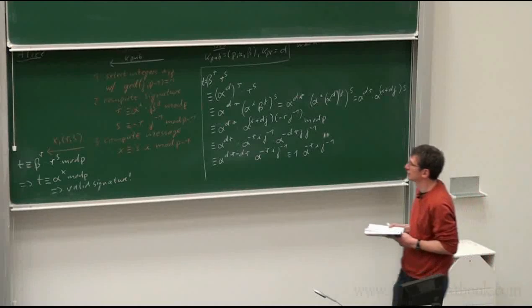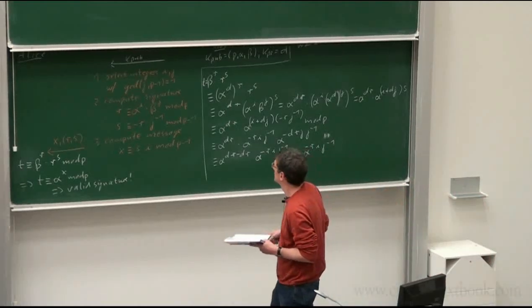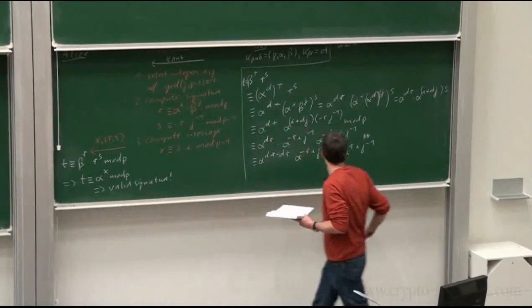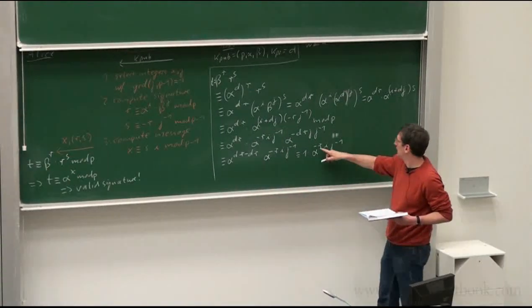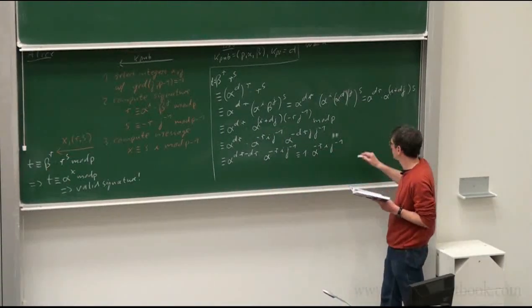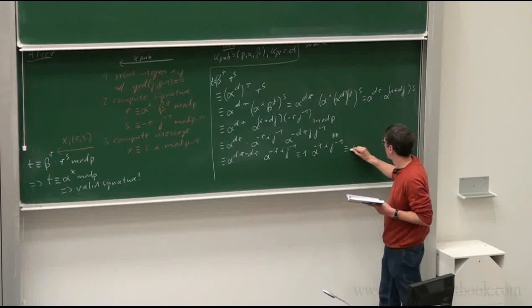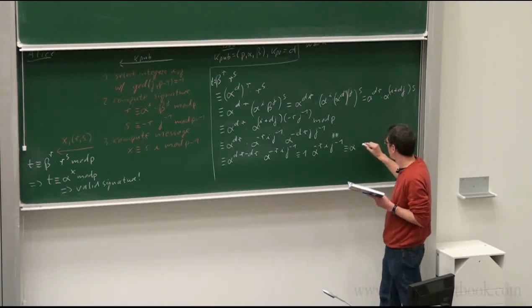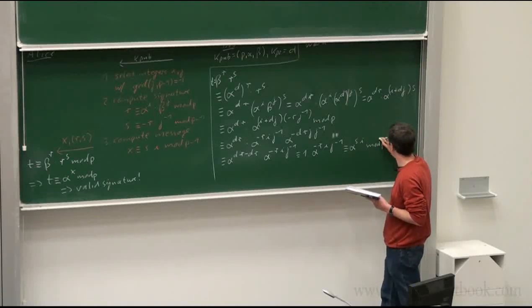Okay, and now I have this additional condition that this part is S, R j inverse, so this becomes alpha to the S i mod P.